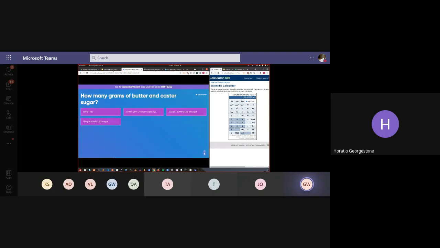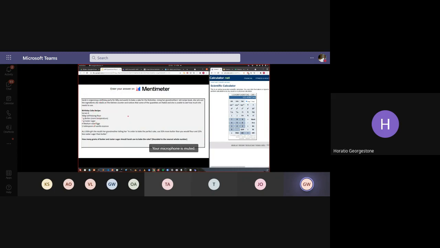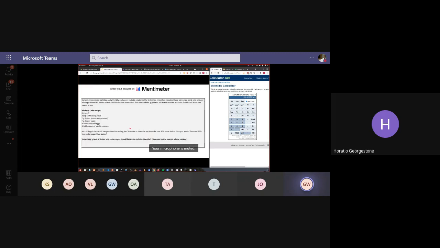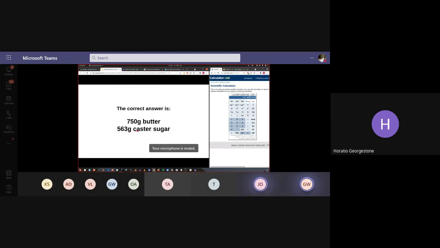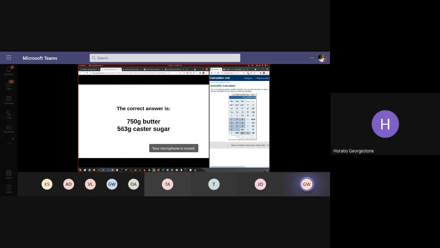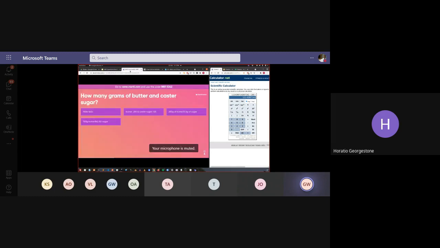Okay, so the correct answer is 750 grams of butter and 563 grams of caster sugar. Note it does say in the question rounded to the nearest whole number. So 750, 563.